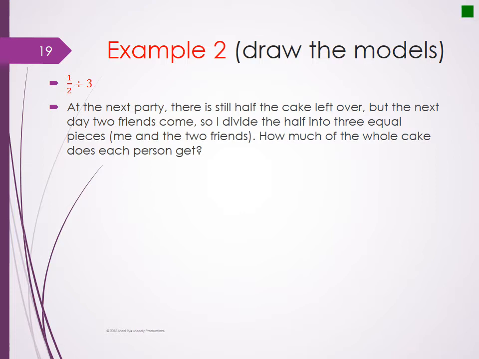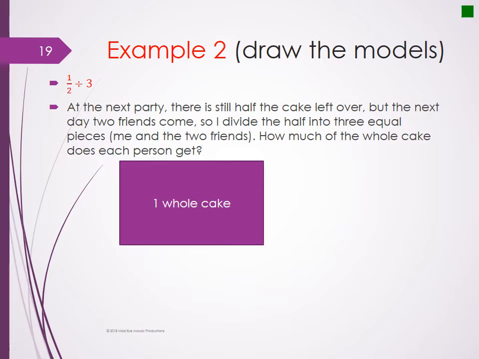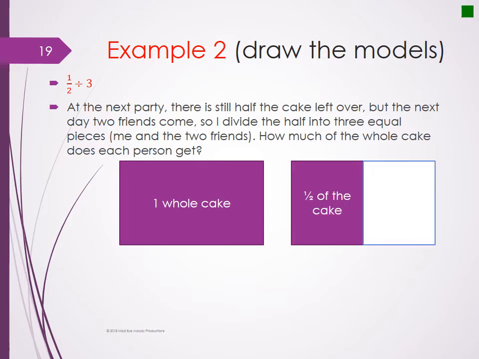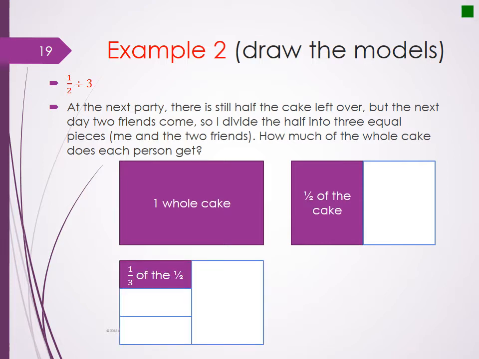What is one of those 3 pieces from the half? So here's the whole cake that we started with, and there's the half that's left over after the party. Then my friends come over, so I cut that half into 3 pieces. So I want to know what one of those pieces is in terms of the whole.